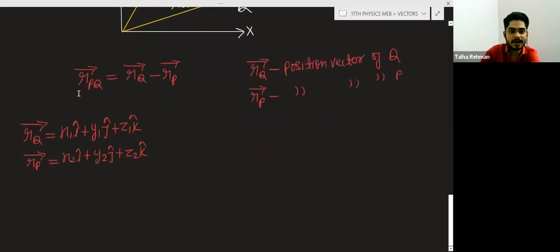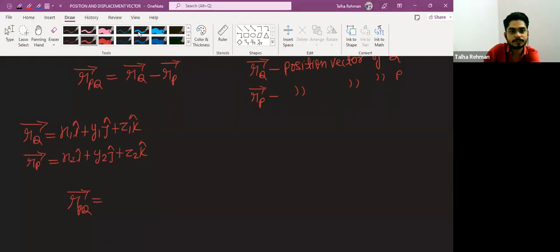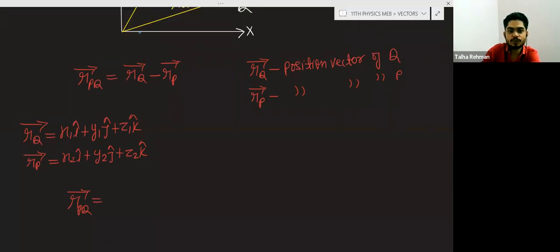Now we can find Rpq vector. Rq is this. You have to just subtract this from this. So this will become x2 minus x1.